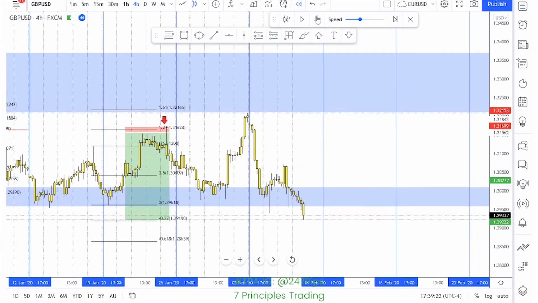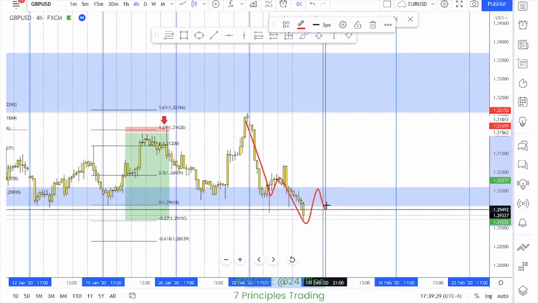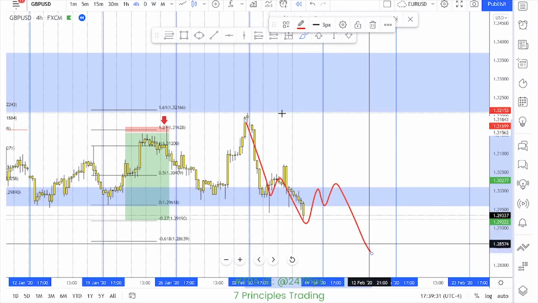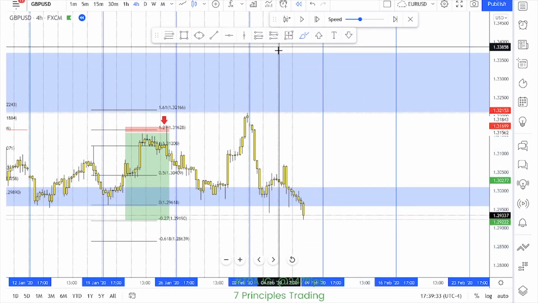Okay, so price has made its way to the downside, and like I mentioned somewhere over here, this is what I want to see. I want to see price come down and probably come back to the upside somewhat, and then let's follow its way back to the downside.